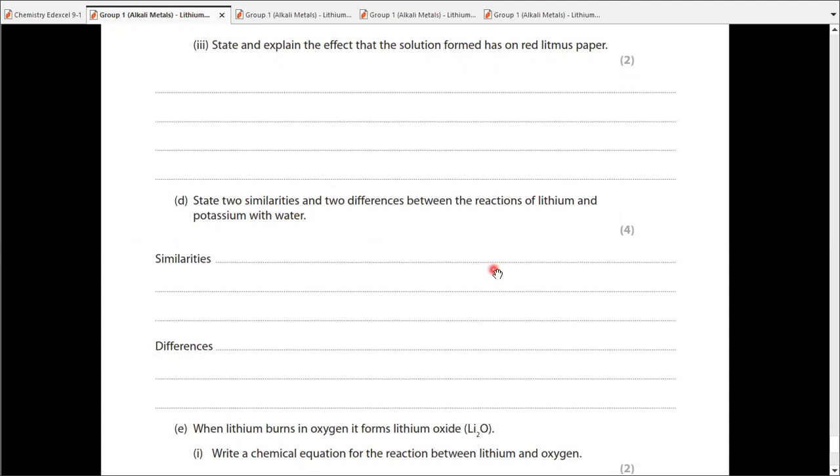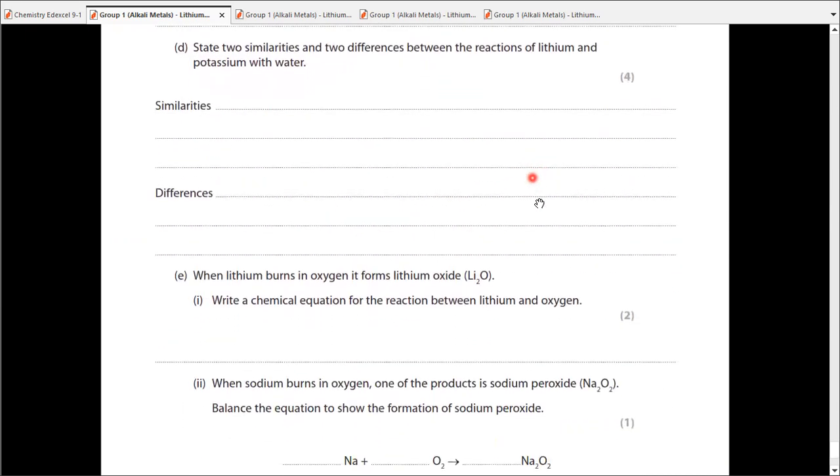I know this one. We've just talked about that they form alkaline solutions. So the red litmus paper will turn to what? Blue. That's it. It forms an alkaline solution because of which the red litmus paper turns to blue. 2 points, 2 marks. Okay, moving on to D. Similarities between lithium and potassium.